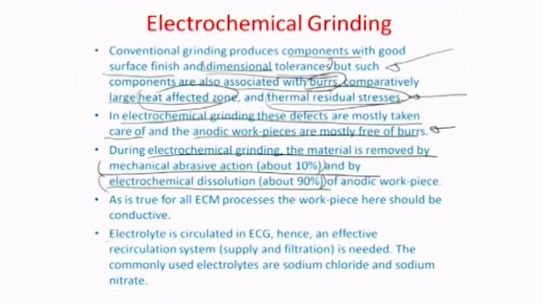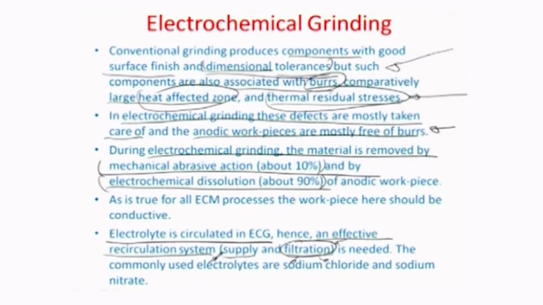The electrolyte is circulated in an ECG process, and it has to have an effective recirculation system, which includes a flow supply of the electrolyte and also a flow filtration system, where whatever residue of the process comes out as dissolved electrolyte and the precipitate of machining has to be somehow taken away from the electrolyte for recirculating it back into the process.